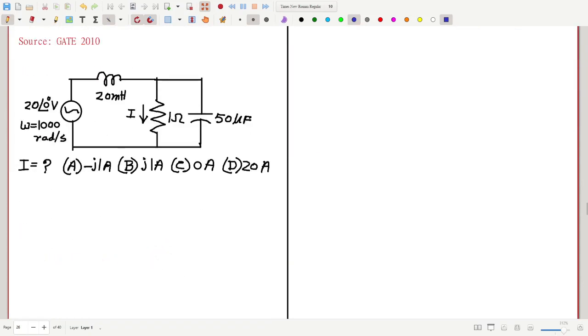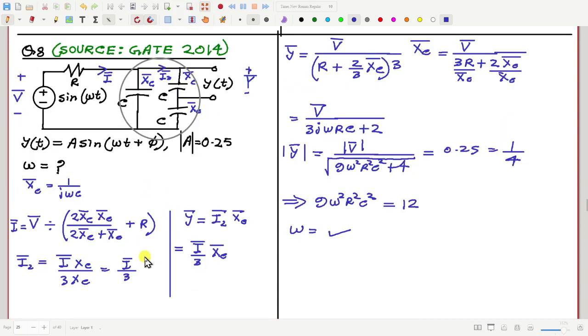So here is another question. We have a circuit and we have to, please go ahead if you have a question. Sir, in the previous question, you wrote 12, means it is 16 V square minus 4, right?